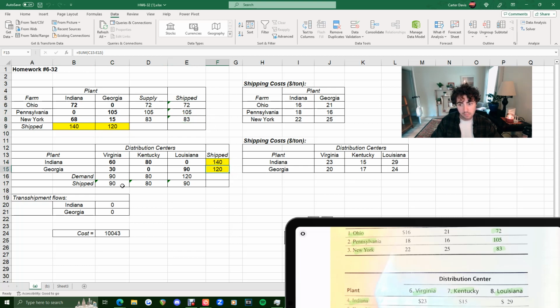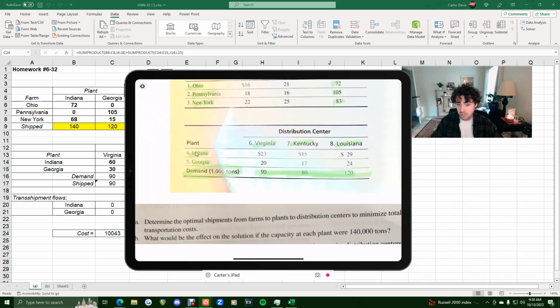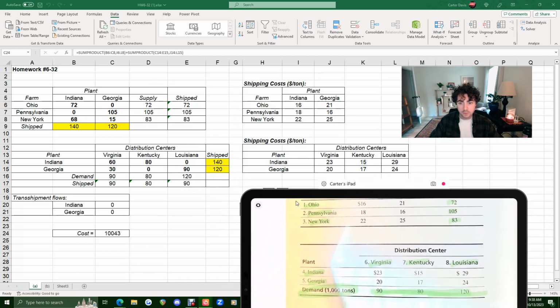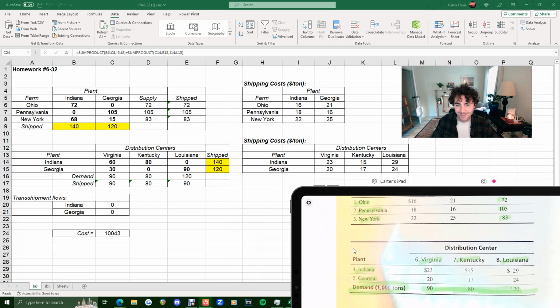And the cost is still the same. So hopefully the answer would be, the effect on the solution would be, it wouldn't change. The solution would not change if we maxed out at 140. So that's the best I got there. I think I did it right. I don't know. Hope this helps. All right. Bye-bye.